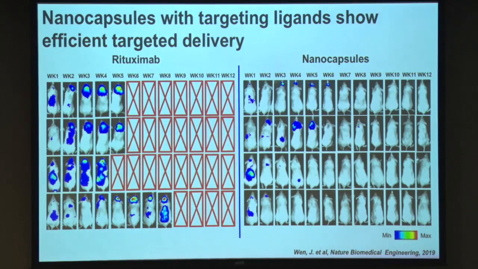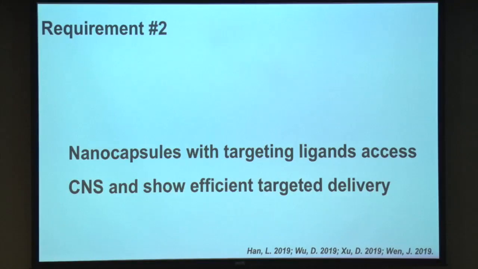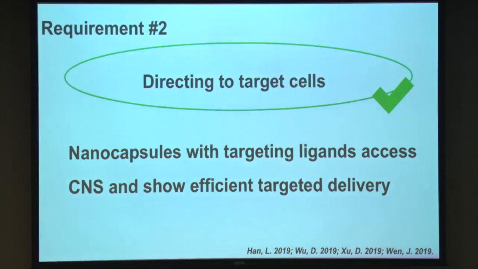Compared to the naive one, the nanocapsule treated group showed clearance of the tumors. Even the signal from the brain, they can clear later. So I hope this can convince you this is a good strategy to deliver important macromolecules into the central nervous system. So this second requirement, check.